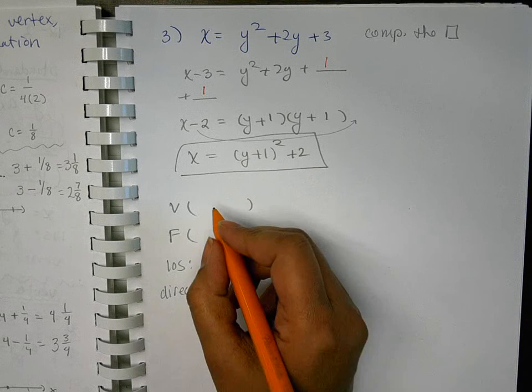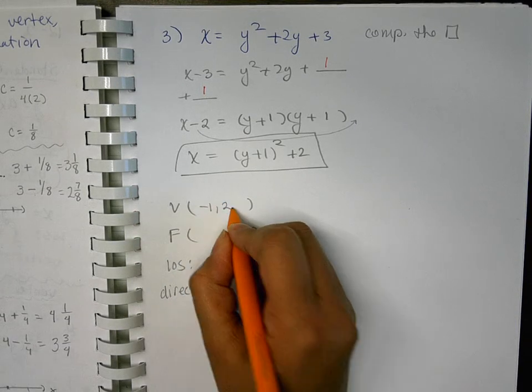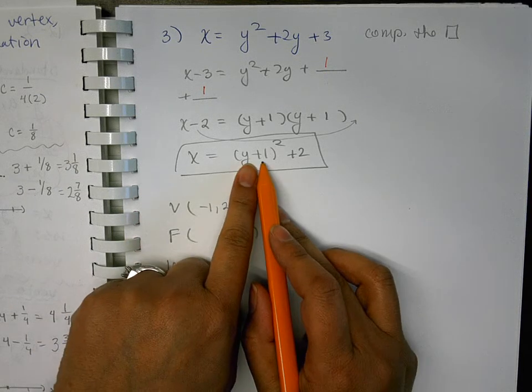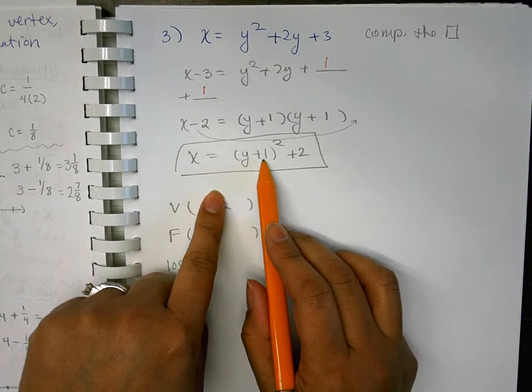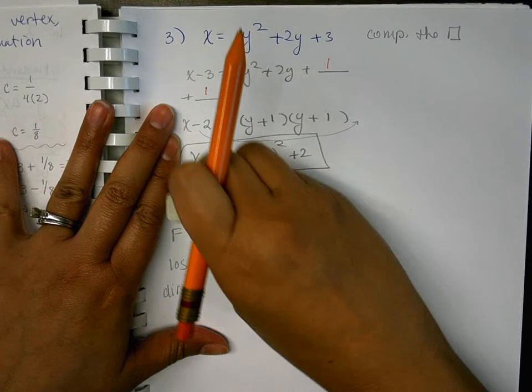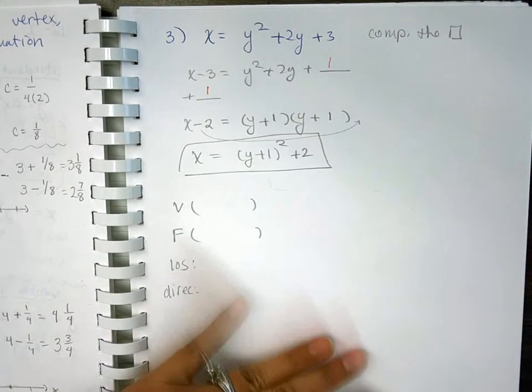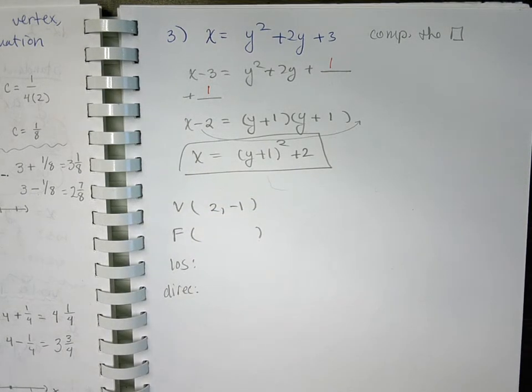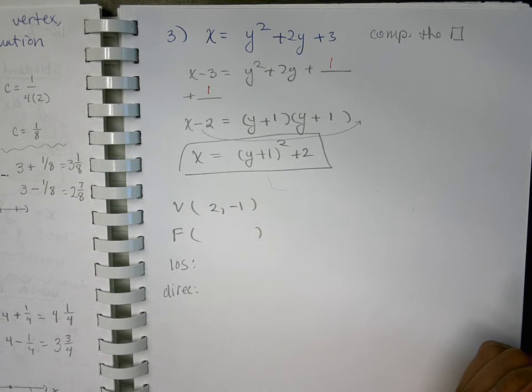Opposite of the inside, outside stays the same. Why is that wrong? Right, this is -1 and that is 2, but this goes with the y, not the x spot. Kids make that mistake because that's what we've done for so long. Do you see that it's 2, -1? Be careful. Would anybody have done the other one if I didn't stop and say, hey? It happens all the time, so be careful.